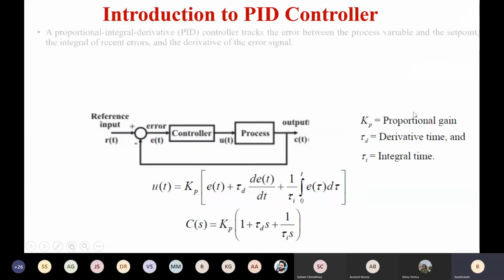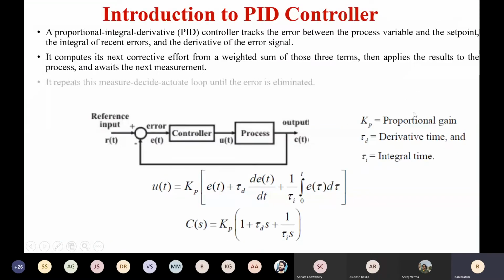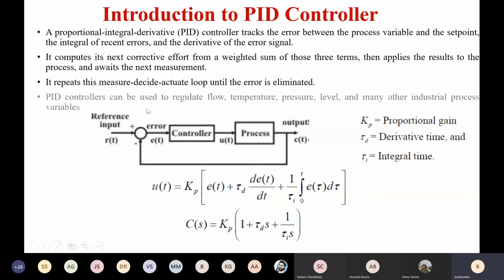So then we introduced the concept of this PID controller, where we told that the PID controller is that controller logic which is basically a combination of proportional effect, integral effect, and derivative effect. Proportional integral derivative of what? Of the error, right?